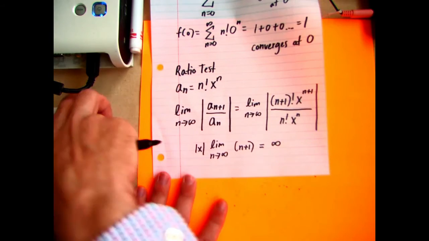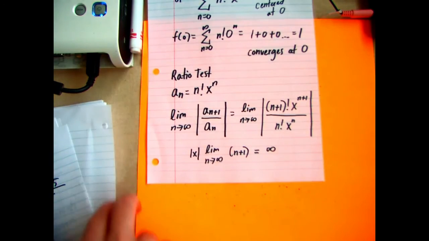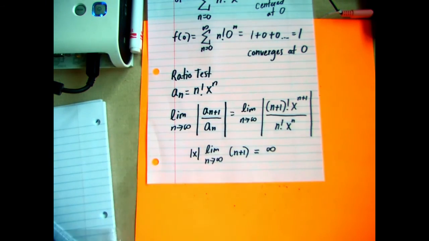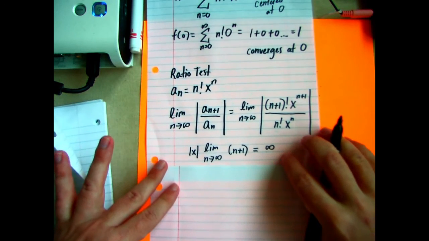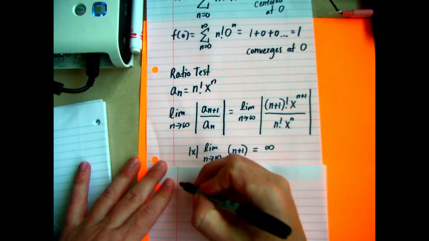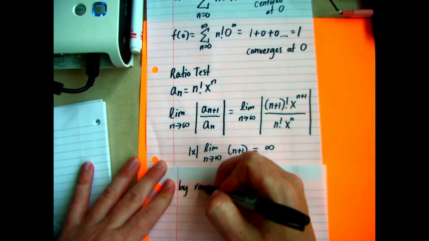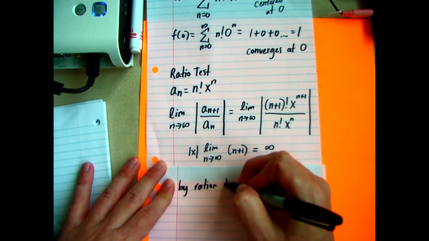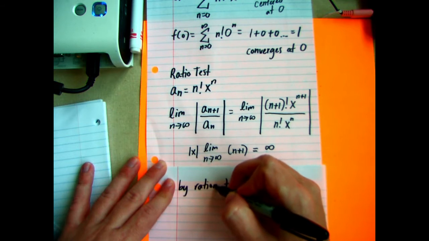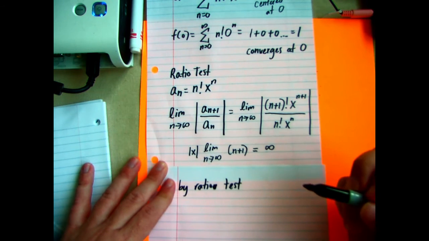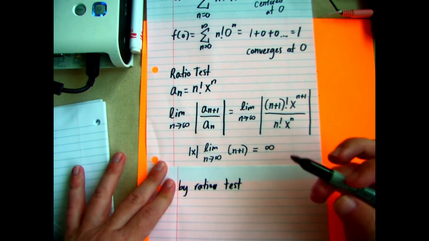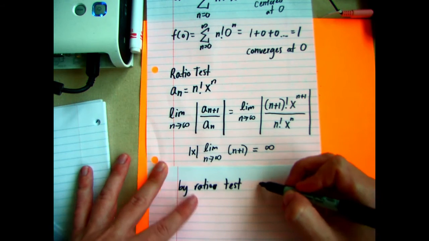And with the ratio test, our goal was to basically compare that solution to 1. So are there any x values in which the solution to this limit is less than 1? Well, it appears that the solution to this limit is always infinity, is always greater than 1.